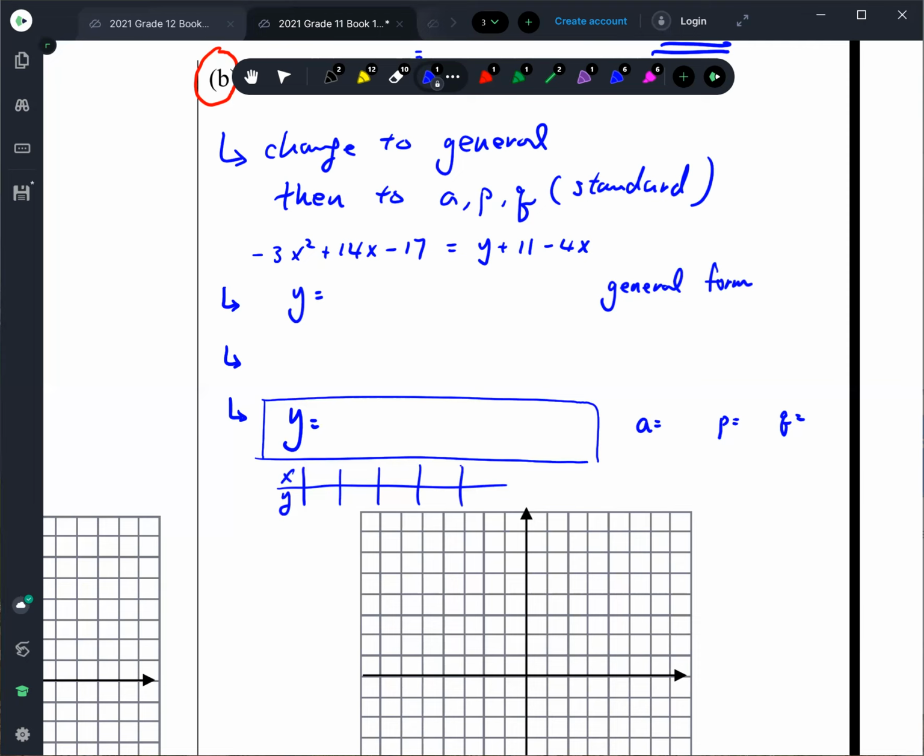Okay, I can hear you now. What's the general form? I don't have the general form yet. Do you know how to get there? Okay, let me know when you found it.